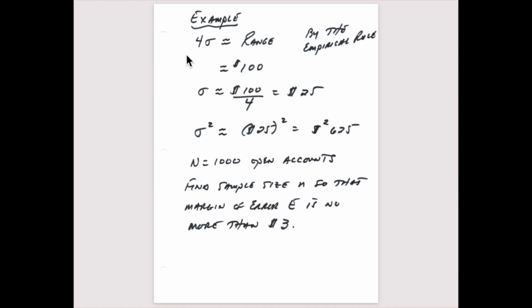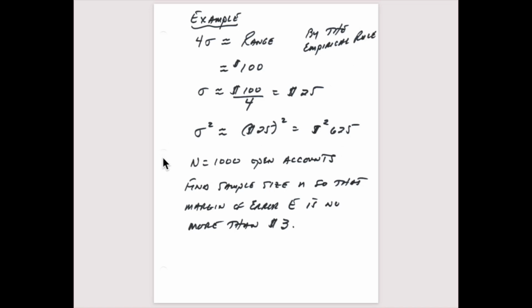And so then we can solve for the population standard deviation, and that would tell us that the population standard deviation ought to be about $25. So we can use that as a reasonable approximation to the population standard deviation. Once we have that, then our approximation for the population variance would be the square of that, or $625 squared.